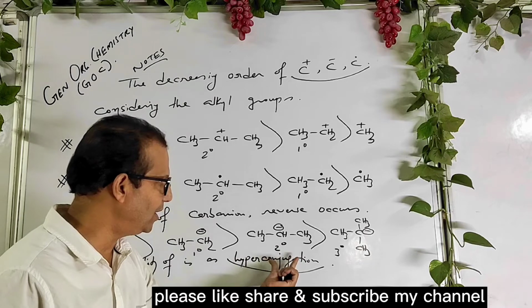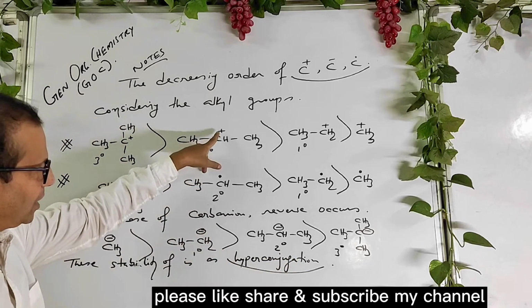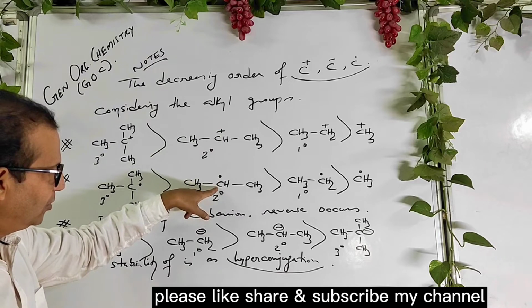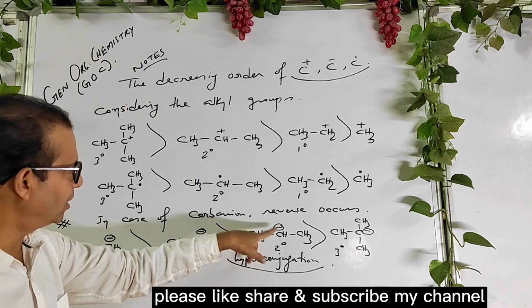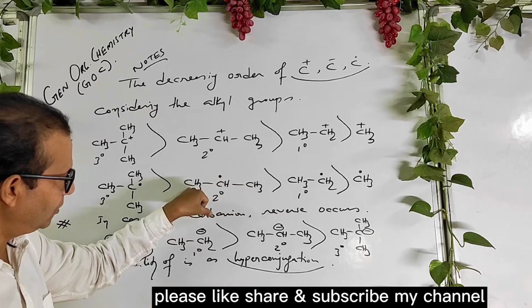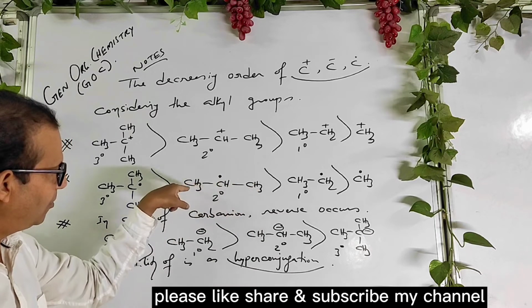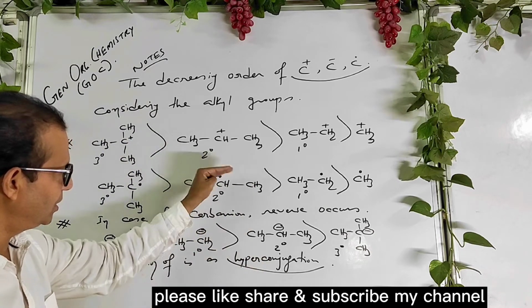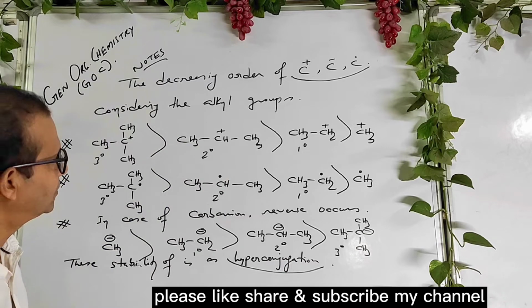Once again, remember it: if any carbocation carbon, free radical carbon or carbanion carbon is attached to a carbon atom which is again attached to only sigma-bonded hydrogen, then it undergoes hyperconjugation, that is, shifting of hydrogen takes place.